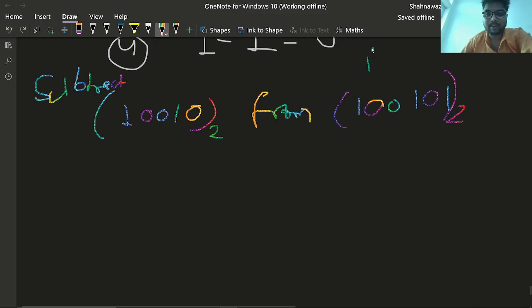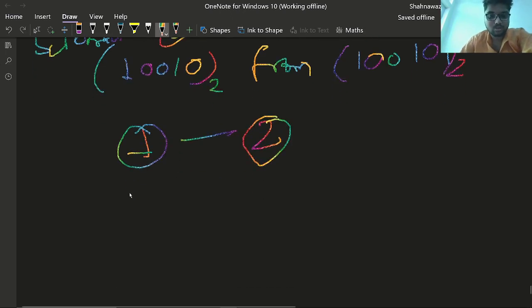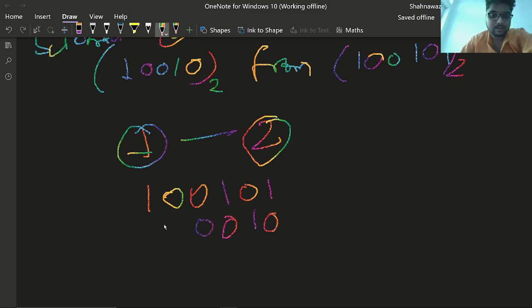When we perform subtraction, we have to perform first number minus second number. We will write it in the similar way as in addition: 101 and 1, and below it 0 1 0 0 1.